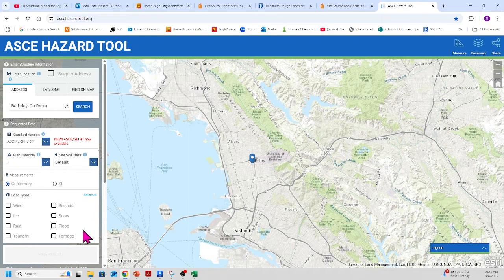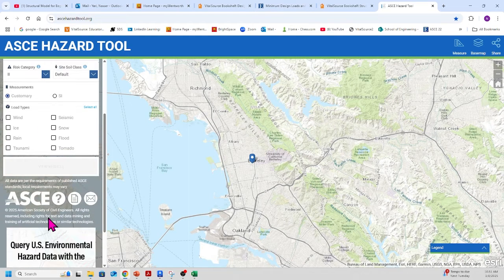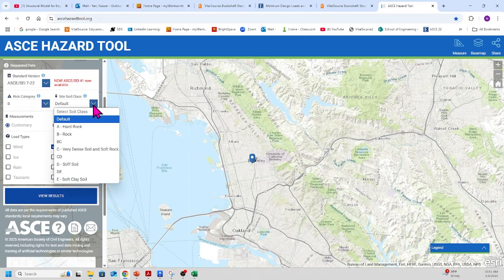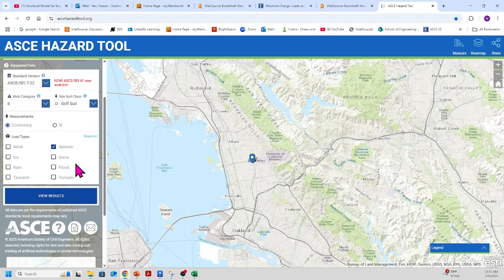And then we want to go to tornado, flood, snow, seismic. Click seismic, and under default site classification, let's go to D. This was given, and this is what we figured out. Let's view results.